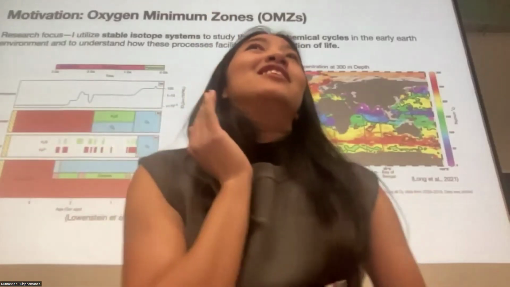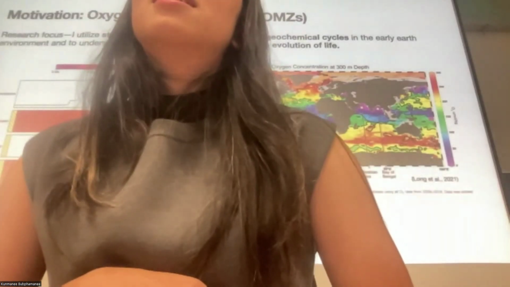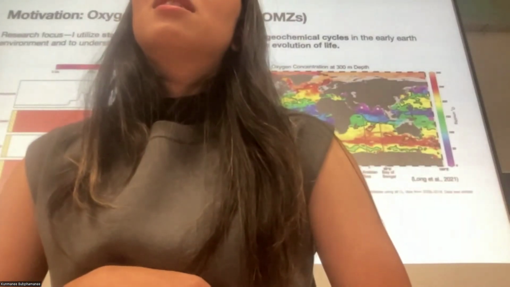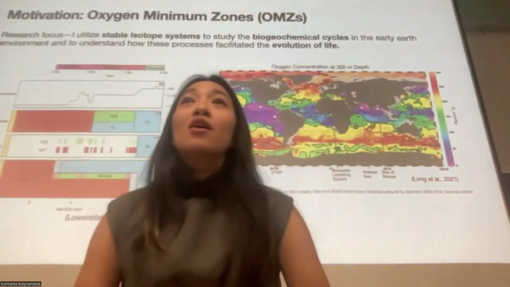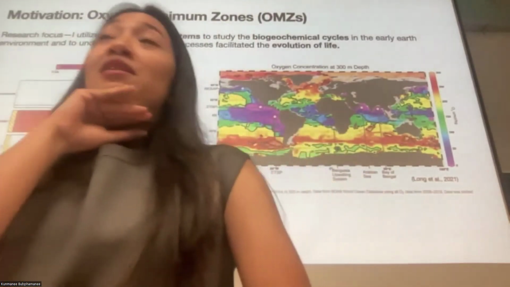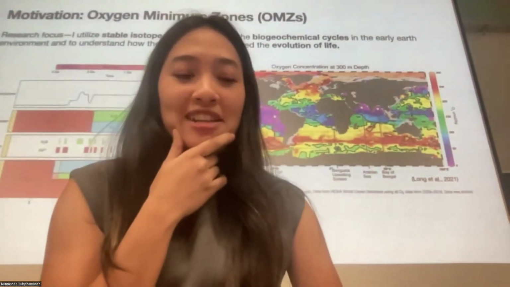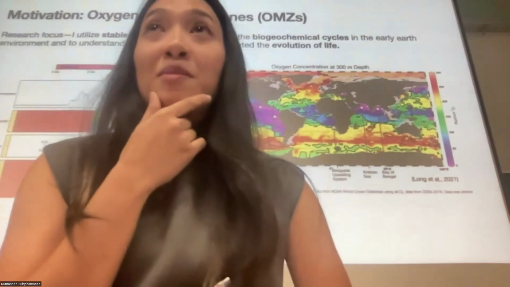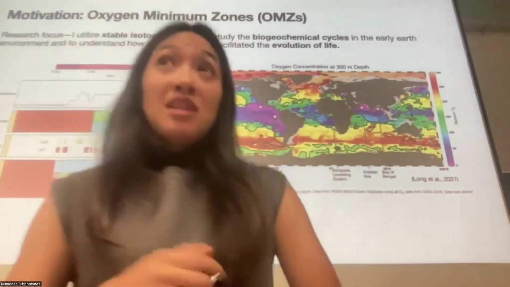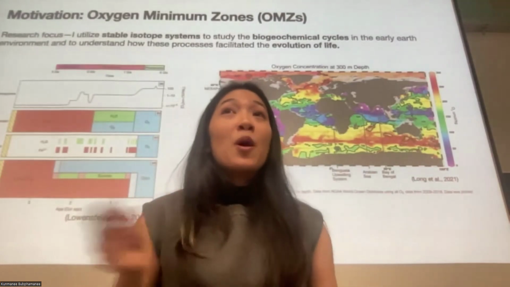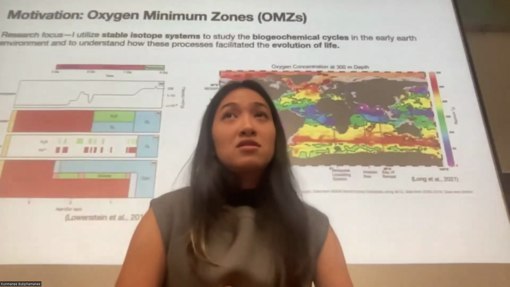When you were culturing your microbes, do you need to maintain an anoxic environment for them? If so, how do you do that? So he's asking, do I have to maintain the anoxic environment, basically no oxygen in my culture? No, it seemed like they can grow in the presence of oxygen also.